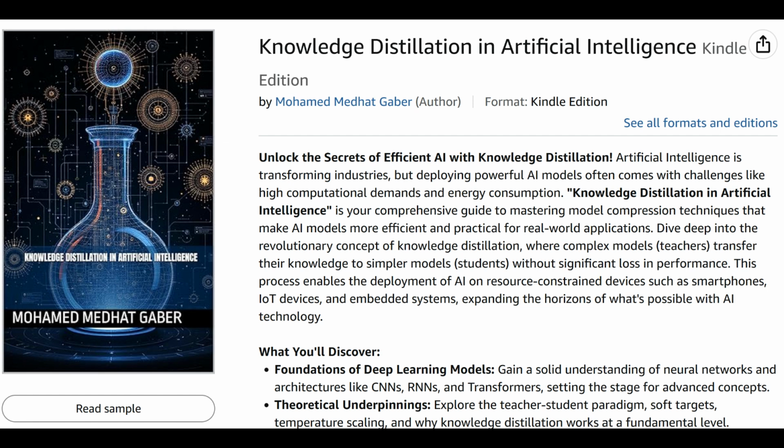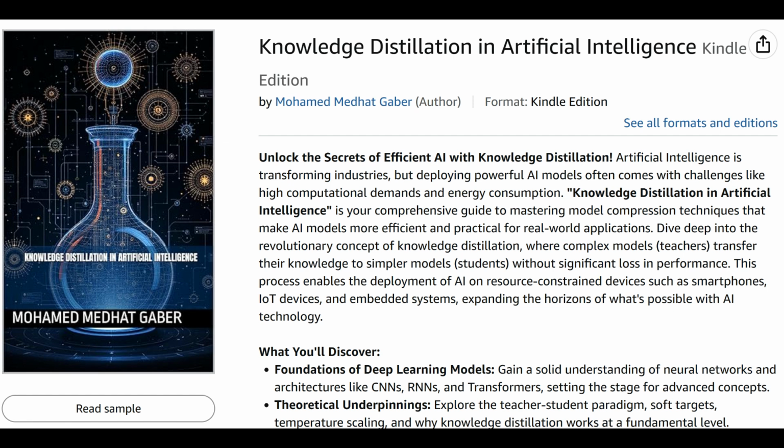Exactly that. The whole point is to train this smaller student model to mimic the teacher. Not just to get the same answers, but to capture the knowledge the teacher has learned. Okay, so what makes the teacher suited to be a teacher and the student suited to be a student? What are their defining traits? The teacher, because it's large and complex, has a huge capacity to learn subtle patterns, really intricate details in the data.